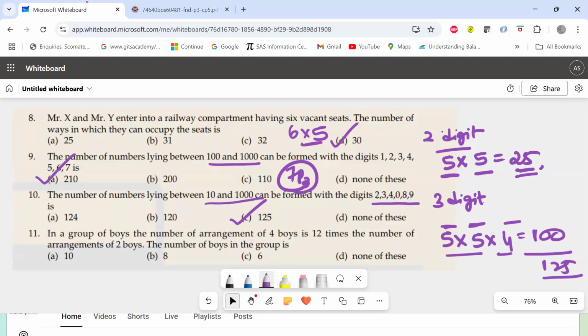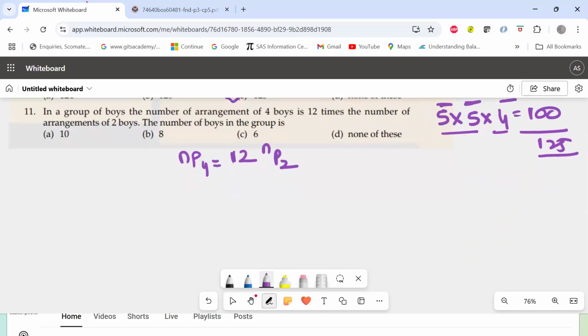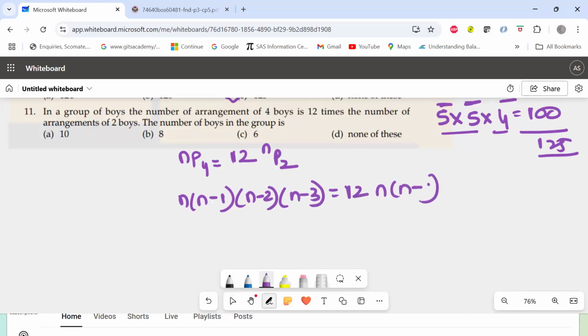Now question number 11. In a group of boys, the number of arrangements of four boys is 12 times the number of arrangements of two boys. So this is nP4, n into n minus 1 into n minus 2 into n minus 3, is equal to 12 into nP2, means n into n minus 1.